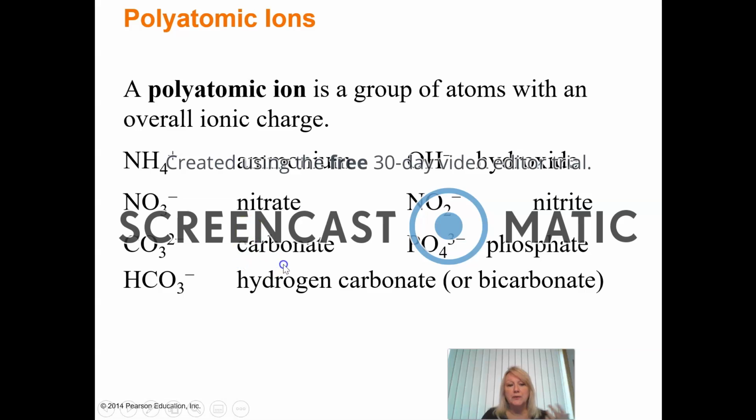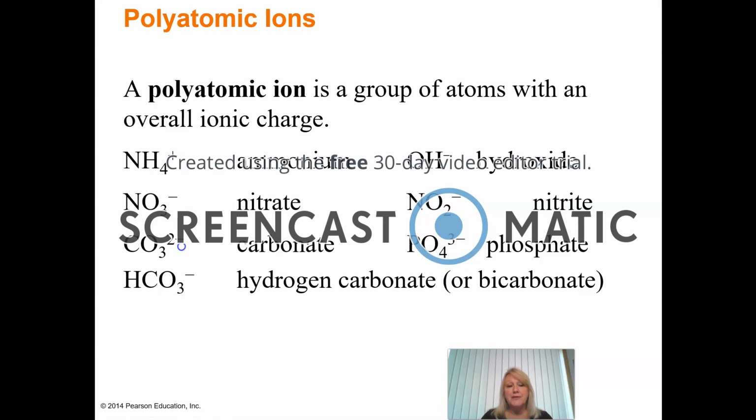So on the screen here, we have a couple of examples. I'll just take some really common ones that you'll see us work with several times. NO3 is the nitrate ion, and it has a -1 charge for that entire ion. CO3 is the carbonate ion, and it gets a -2 charge applied to that entire team.